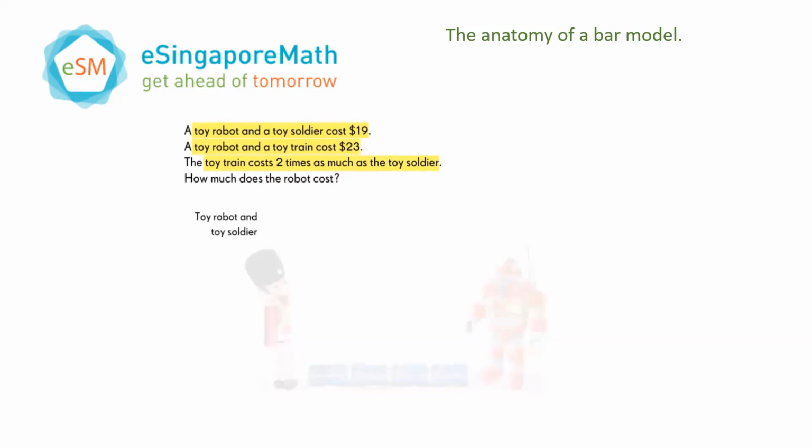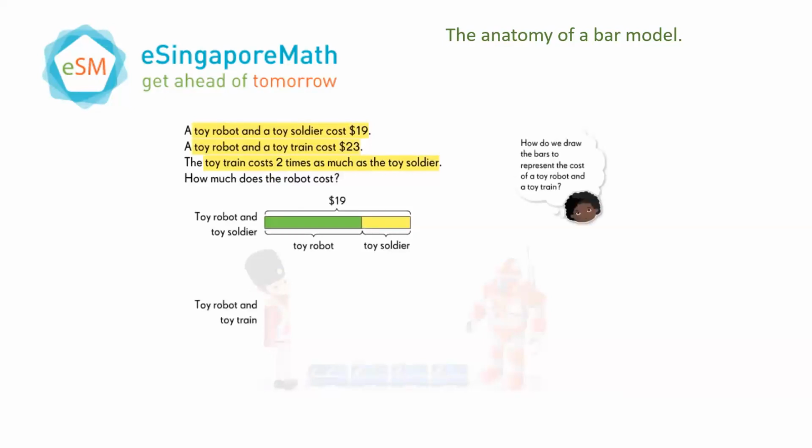Let's draw a bar to represent the cost of a toy robot and another bar to represent the cost of a toy soldier. A toy robot and a toy soldier cost $19 altogether. How do we draw the bars to represent the cost of a toy robot and a toy train? We draw the same rectangle for the toy robot.